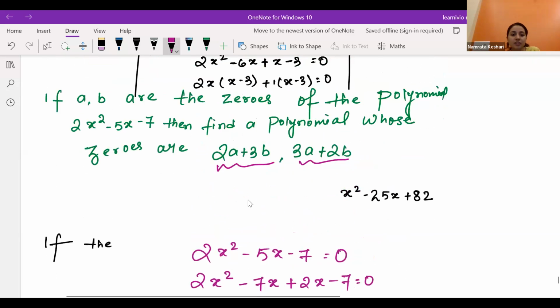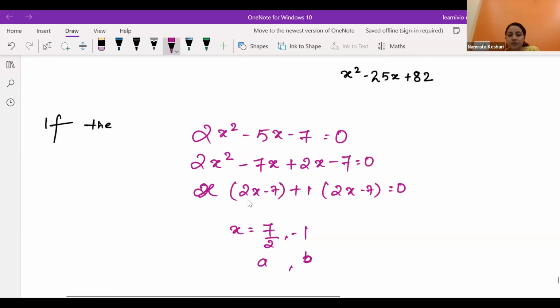Ma'am, this is 2x squared minus 5x minus 7, right? Yes. Which two factors have you used? Negative 7x plus 2x. Okay, just like mine. I took common factors from 2x squared plus 2x, and then minus 7x minus 7.